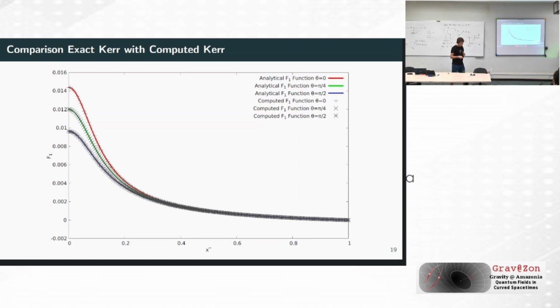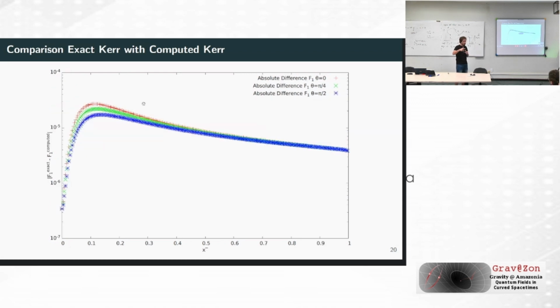There's a good agreement, and to convince you more about it, here we have the absolute difference between the F1 function computed analytically and computed numerically. As you can see, or probably can see because the labels are quite small, this is 10 to the minus 6 here, 10 to the minus 5, and 10 to the minus 4.